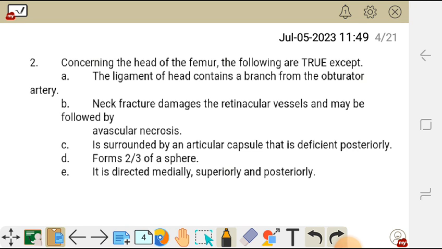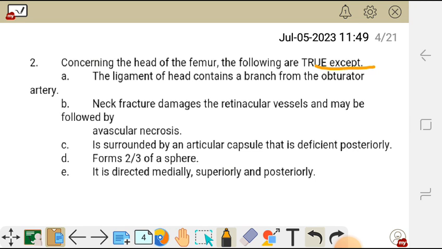C. Is surrounded by an articular capsule that is deficient posteriorly. And D. Forms 2/3 of a sphere. E. It is directed medially, superiorly, and posteriorly. So concerning the head of the femur, all of these are true except one.